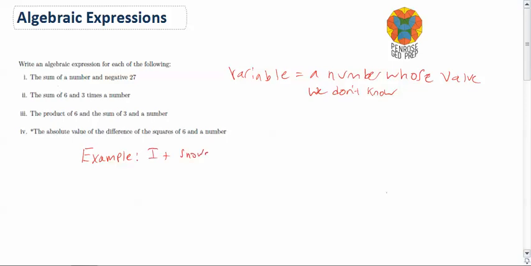It snowed 6 inches more in February than in January. There's a number of ways we could rewrite this.